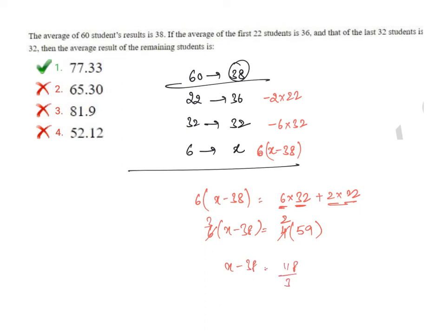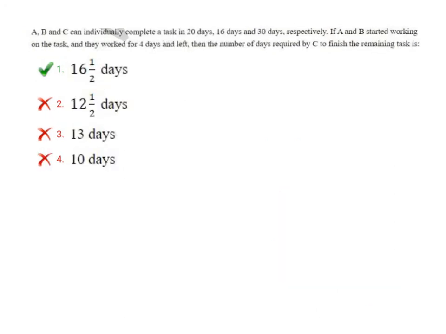So 118 by 3, 3 39s are 117, then 0.33. Therefore x is equal to 39.33 plus 38, that is 77.33. You can also do it by using the sum 22 into 36, 32 into 32 and 60 into 38. Like that also you can do it and you can find it out. A, B and C can individually complete a task in 20 days.